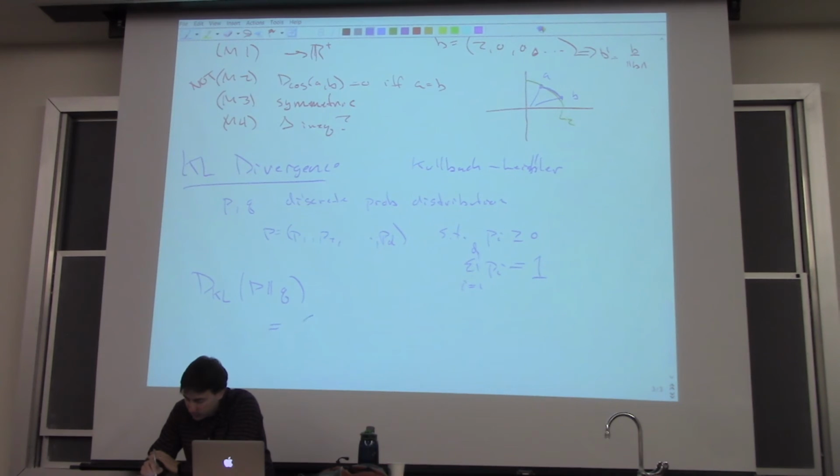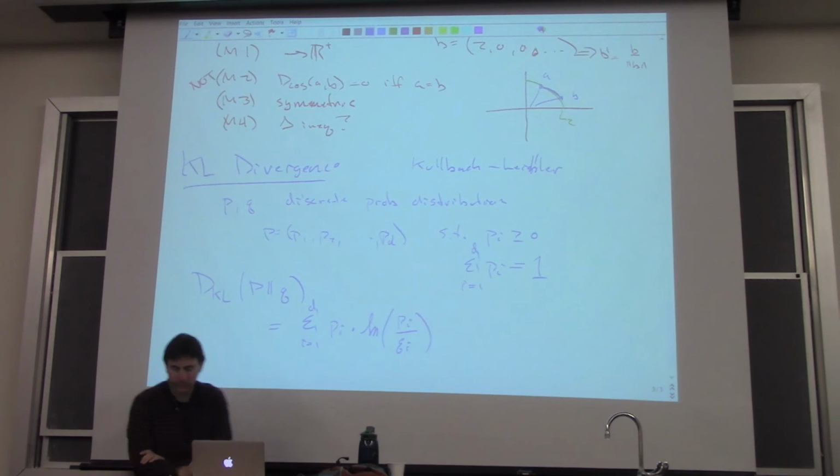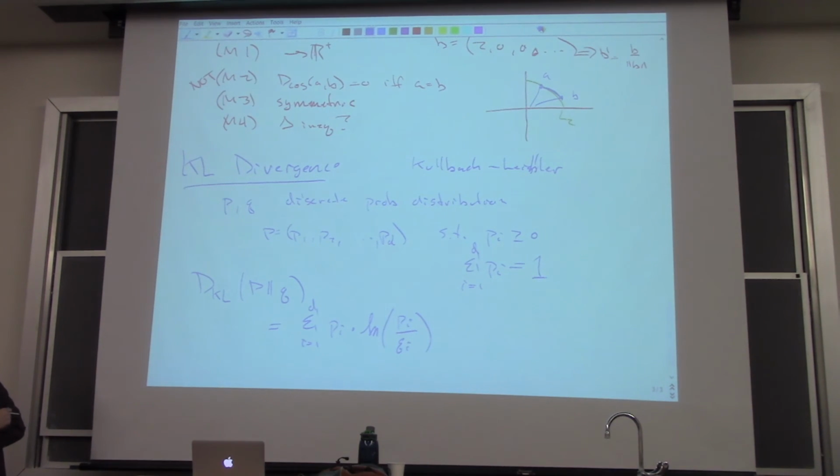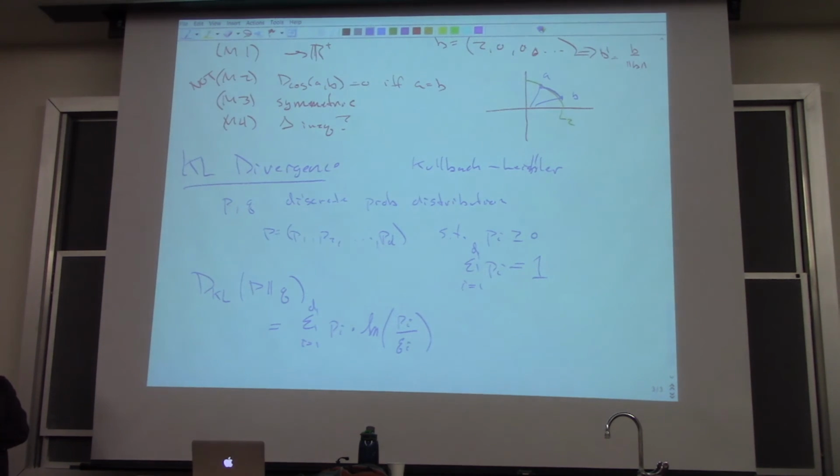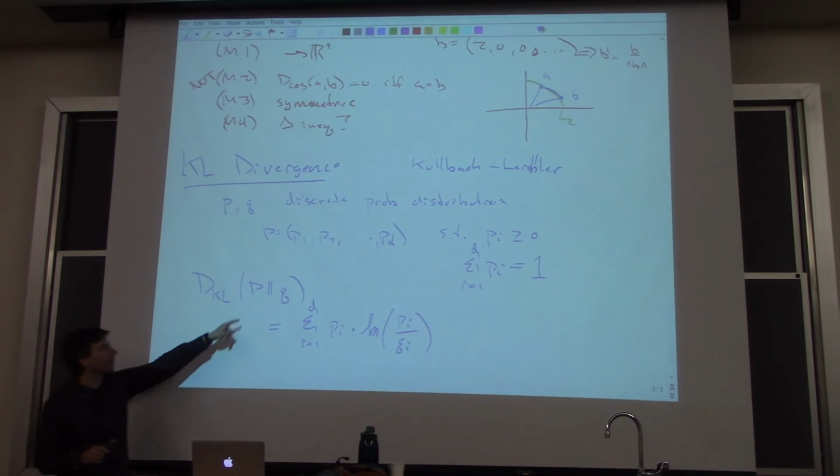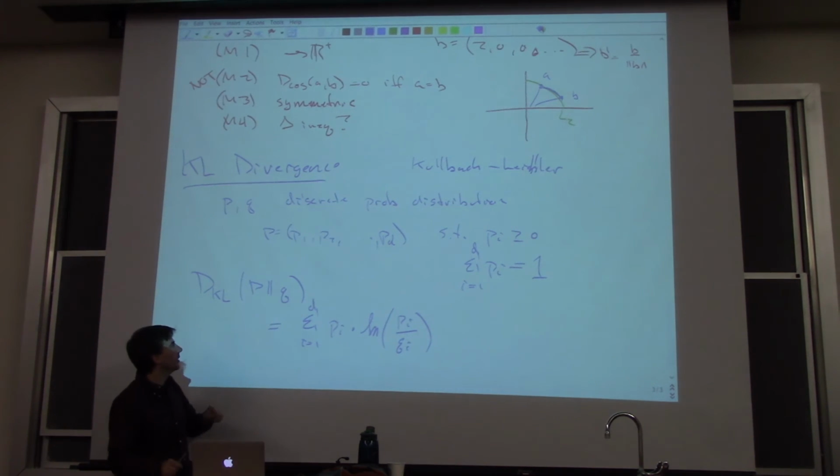It's equal to the sum over i equals 1 to D of P_i times the natural log of P_i over Q_i. What is this strange object? Well, the first thing you should notice is that this is not symmetric in P and Q. That's why they don't write it with the comma, just to remind you that it's the divergence from P onto Q.